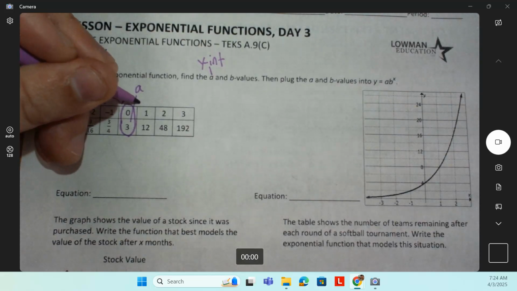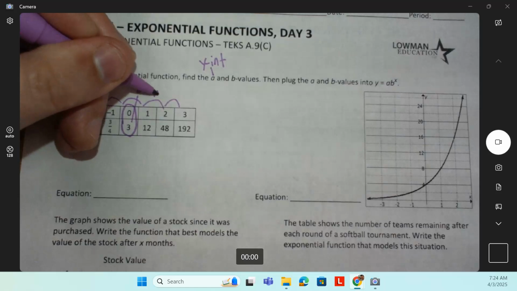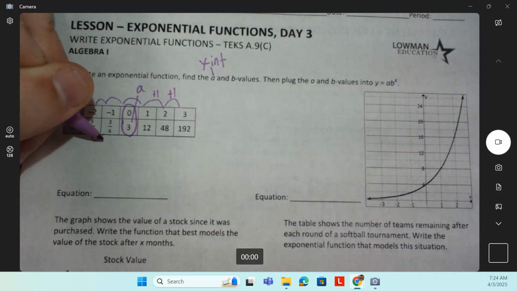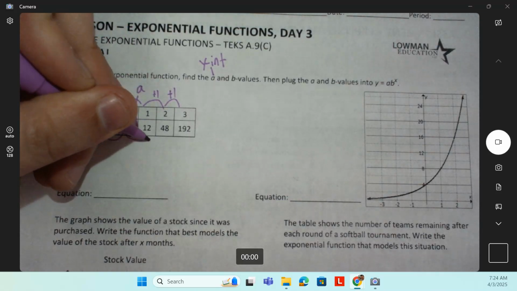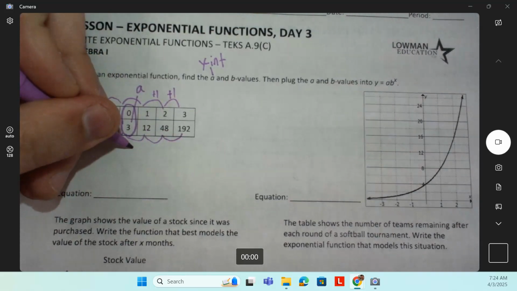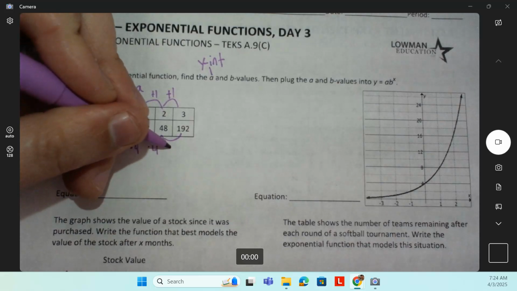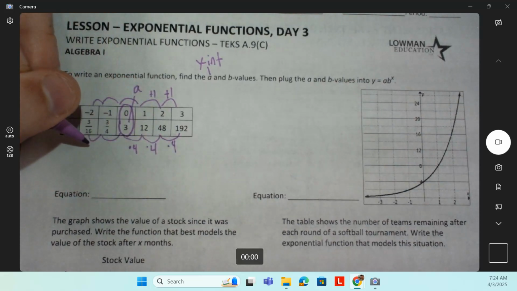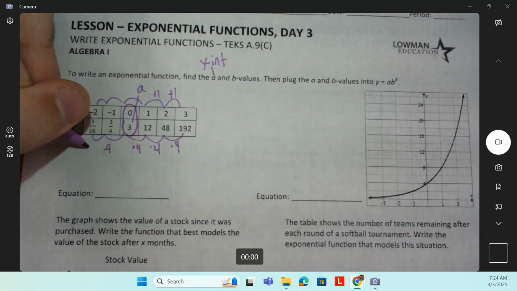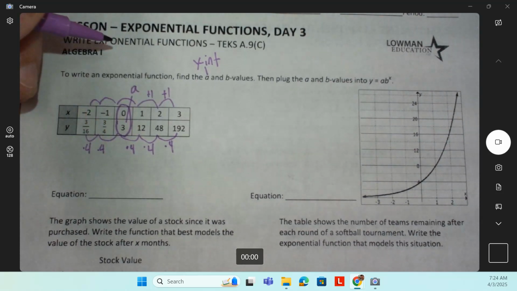As this jumps up 1 each time, so when we're adding 1, what we can see happens is that these are getting multiplied by 4 as we go each time. So 3/4 times 4 would be 3. 3 times 4 is 12. 12 times 4 is 48, and so on and so forth.